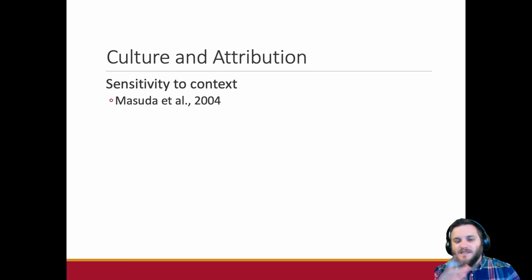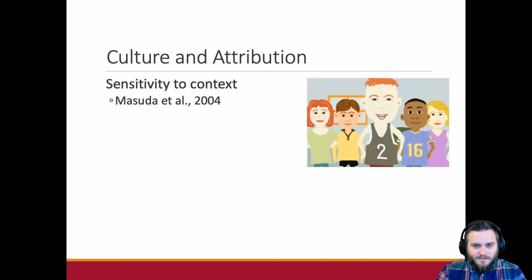So American participants didn't care about what the surrounding faces were. They only looked at the target. However, Japanese participants were like, "Ooh, that central figure is less happy because it's being surrounded by unhappy faces." So something about this context is really important. Okay?